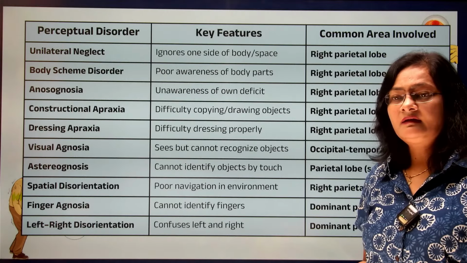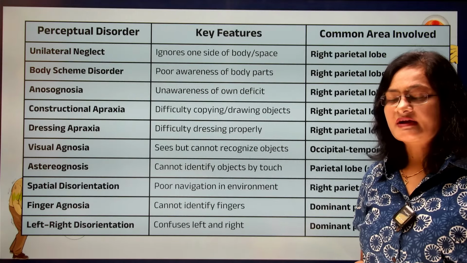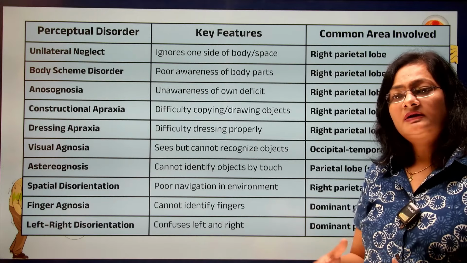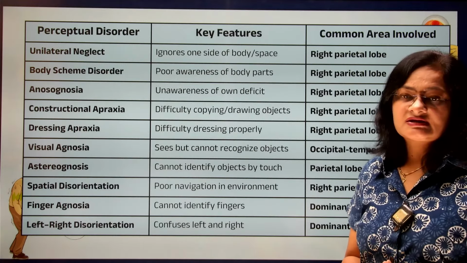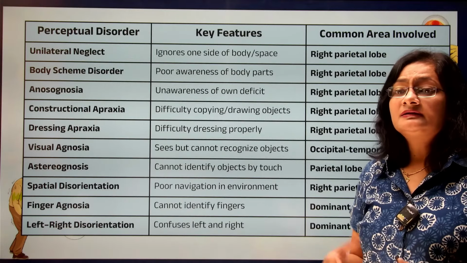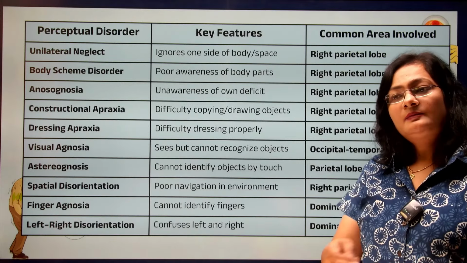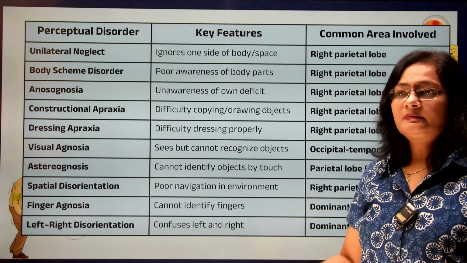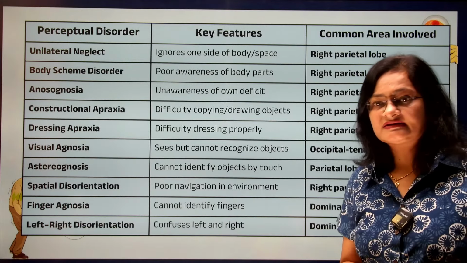Constructional apraxia: difficulty in copying or drawing an object, meaning the patient may not have orientation of various structures with each other. Dressing apraxia: difficulty in dressing properly, the patient may not be able to put a sleeve on properly or wear pants properly.